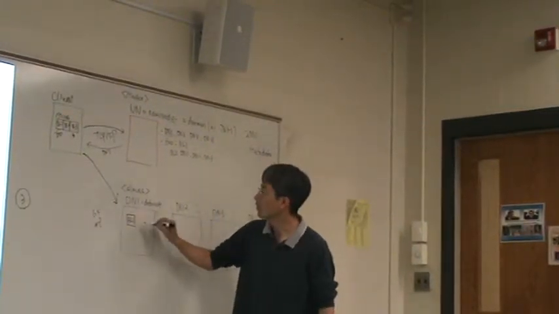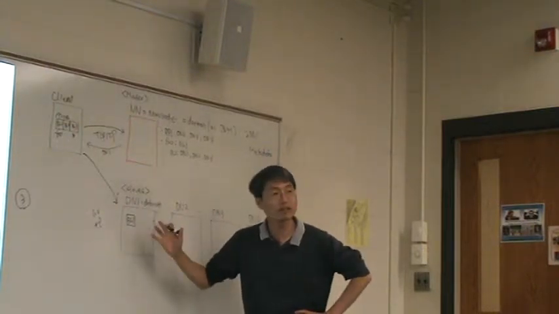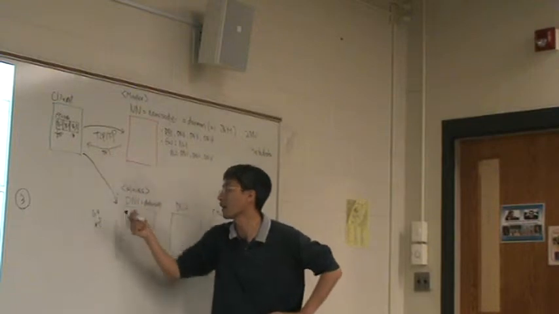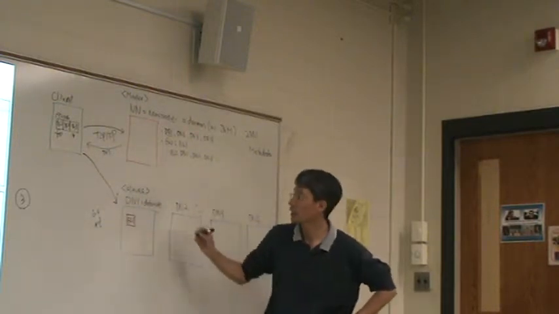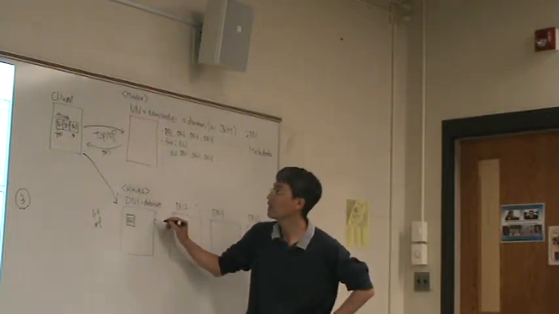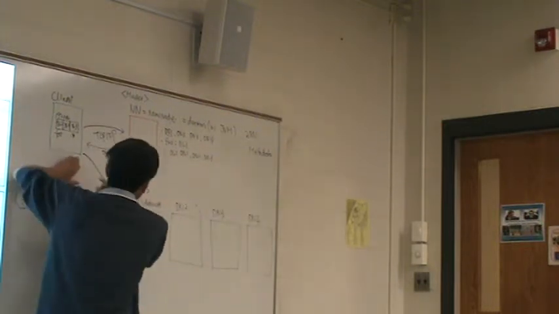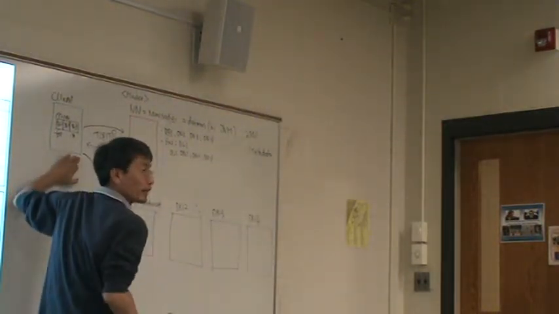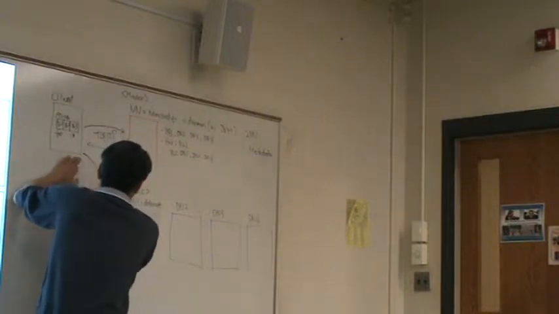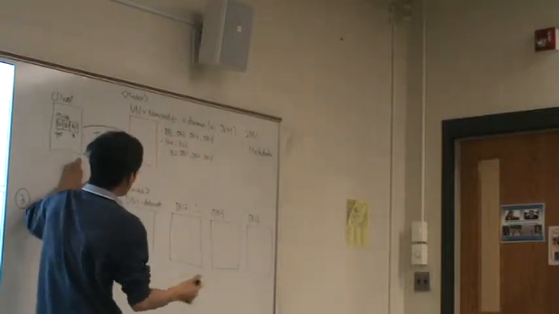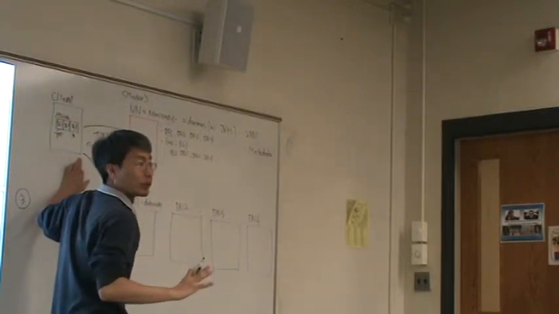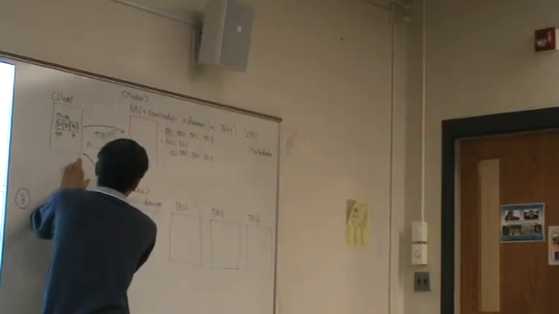Once data node 1 starts to copy the data from the client, the client also gives the information about the pipeline, which means the second is DN2 and the other one is DN3.